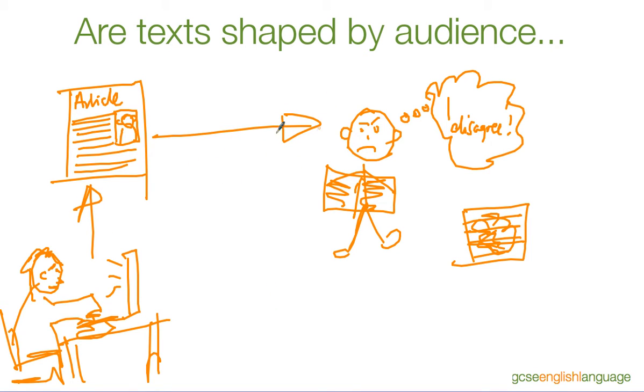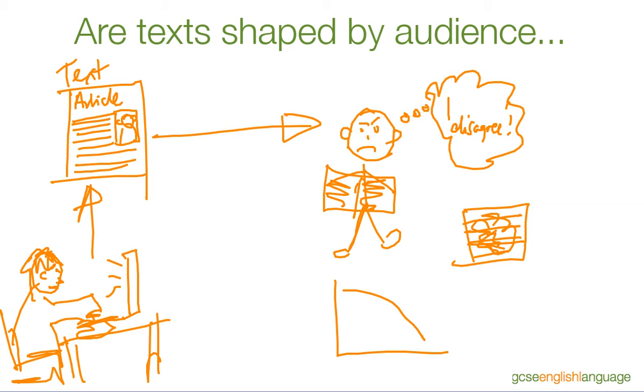And if they don't, then readership declines over time, and then this person's out of a job, or the newspaper collapses and folds. We've seen that recently with newspapers that have just stopped being read by people. And so this media text is very much shaped by the audience.